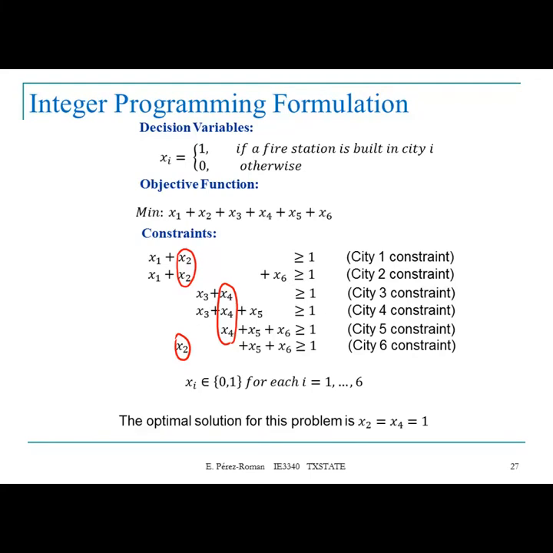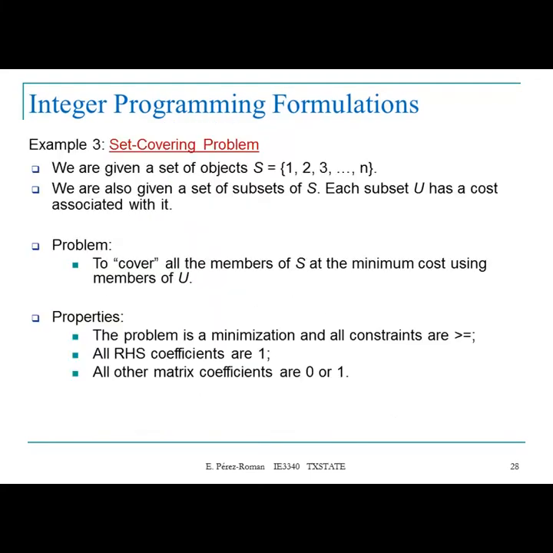So I think this is the last example. In a set covering problem, we are given a set of objects, and we are also given a set of subsets. Each subset has a cost associated with it, and the problem is to cover all the members of the main set at minimum cost using the subsets. So again, the main set is all the cities. The subsets are just those cities that can be reached within a 15-minute length.